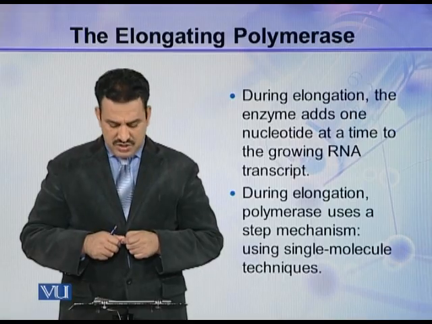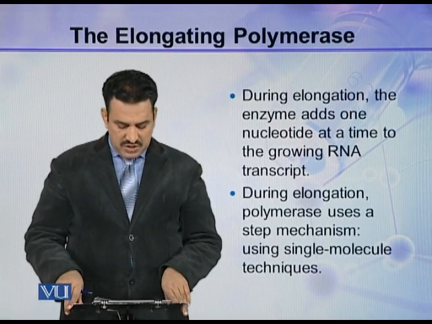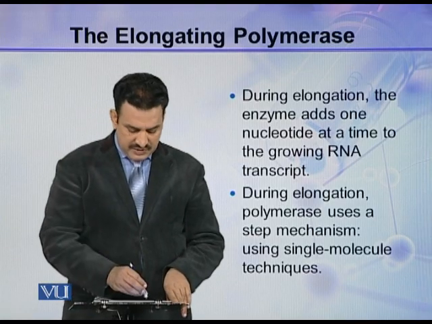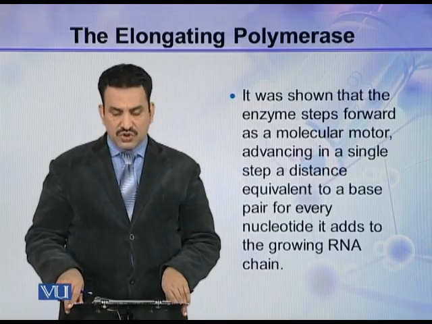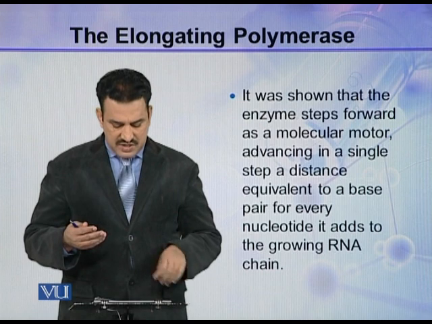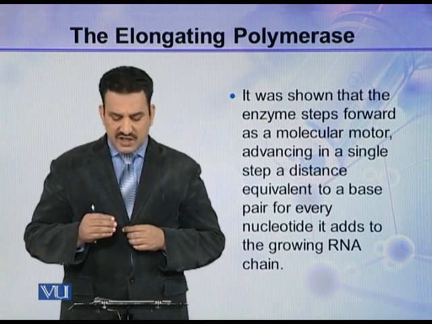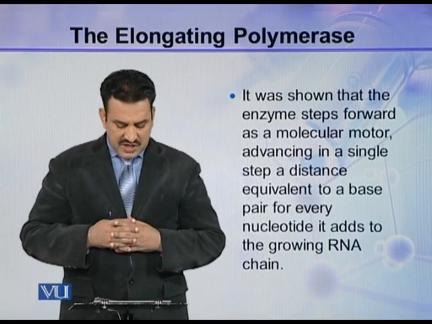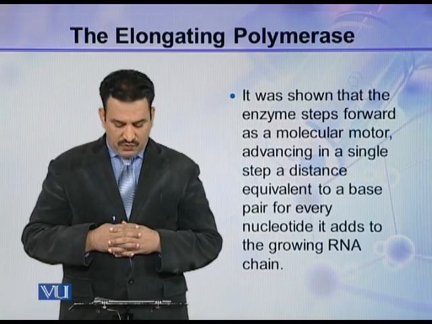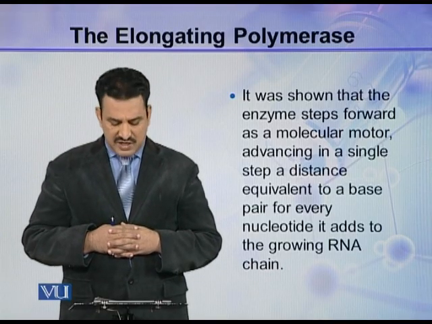During elongation, polymerase uses a step mechanism. Using single molecule techniques, it was shown that the enzyme steps forward as a molecular motor, advancing in a single step a distance equivalent to a base pair for every nucleotide it adds to the growing RNA chain.